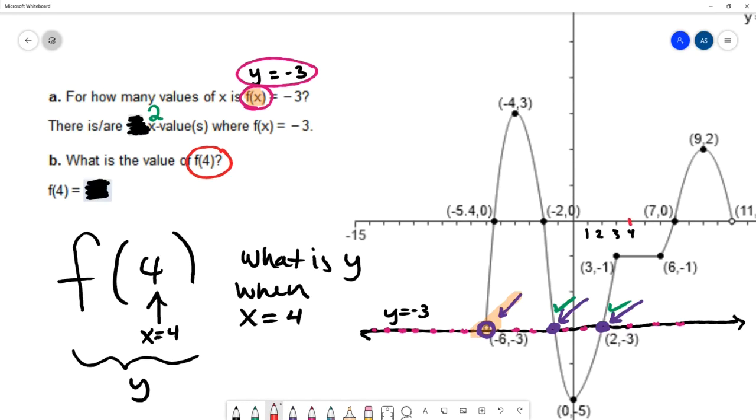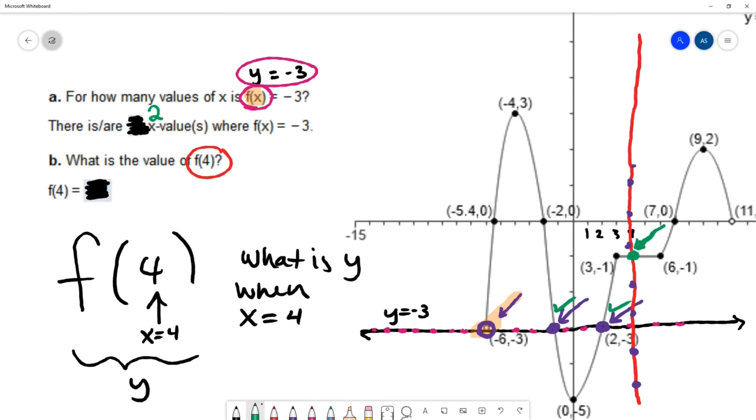If I draw a vertical line here, every ordered pair on that line will have an x coordinate of 4, but we really only want the one that's on this graph. So we're going to look for that intersection point, which is right here.